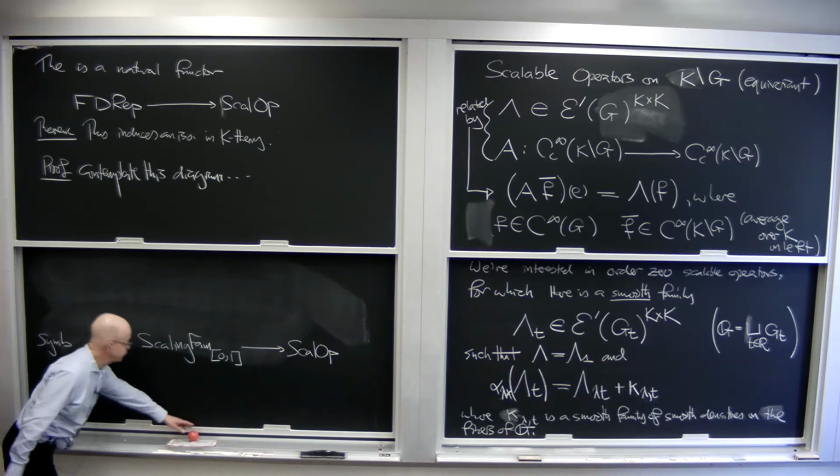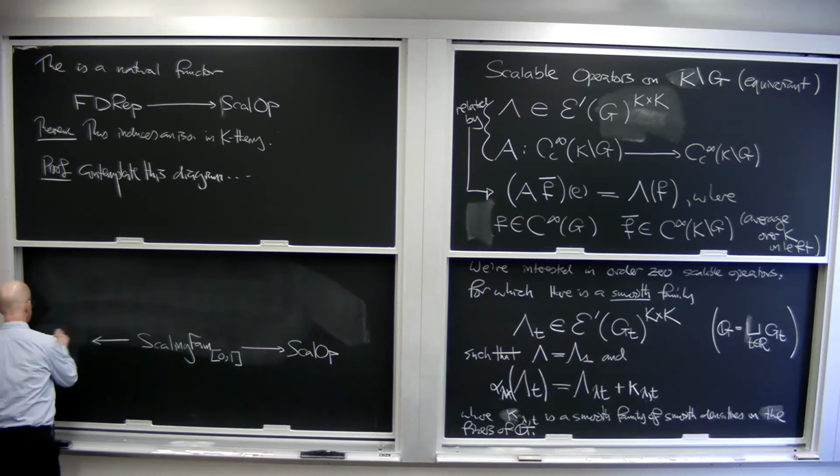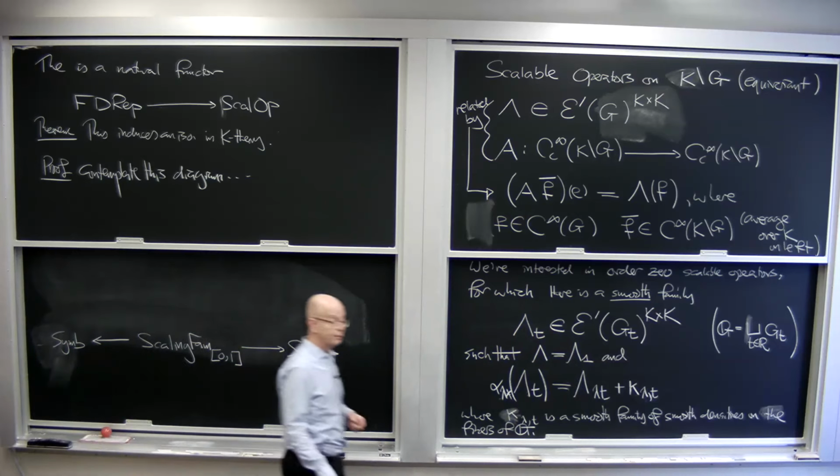On the other hand, if I restrict to t is equal to 0, at 0 we have what in the world of scalable operators we were calling the symbol families.